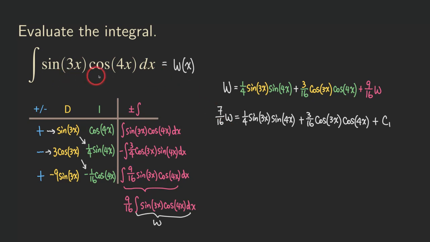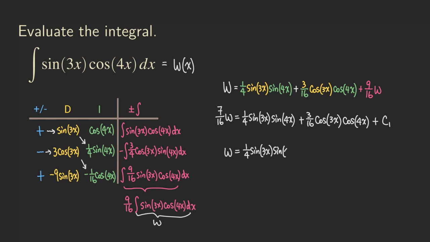And then remember, we are trying to find this integral. So all we need to do is to solve for W, which is done by multiplying by the reciprocal of the 7 over 16, which is 16 over 7. So we are getting 1 over 4 sine of 3x.